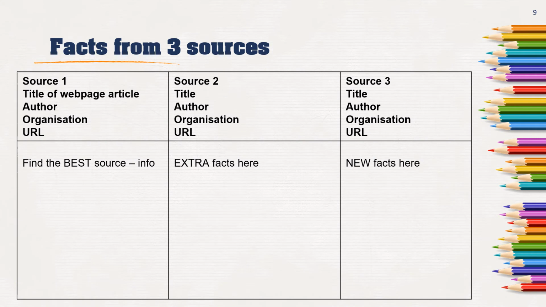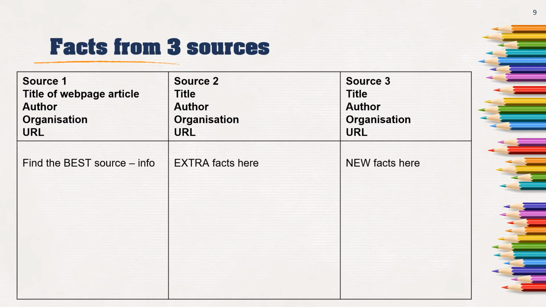If you need to gather facts from 3 sources, it can be really helpful to set up a thinking tool, and thinking tools are sometimes known as scaffolds, to set up a scaffold where you can put the facts in from the 3 sources in 3 columns. I like to find the article that is going to be the most useful and put the facts in column 1 from that article.